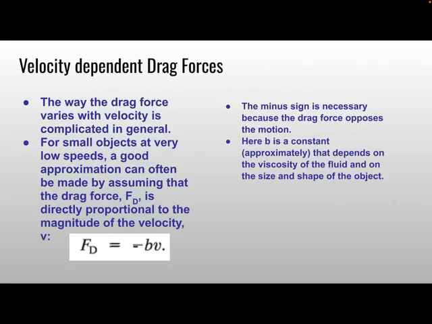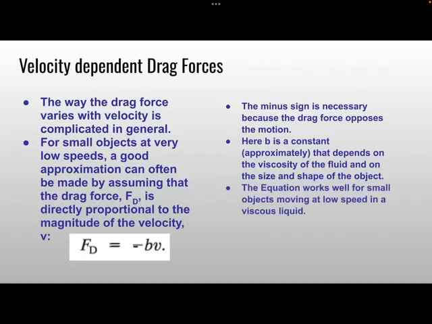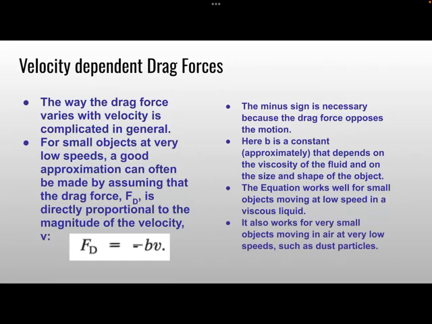Here the value b is a constant. This constant depends on the viscosity of the fluid, the size and shape of the object, and other factors. So this equation works very well for small objects that move at a low speed in a liquid. It also works very well for small objects moving in the air at very low speeds, such as dust particles.